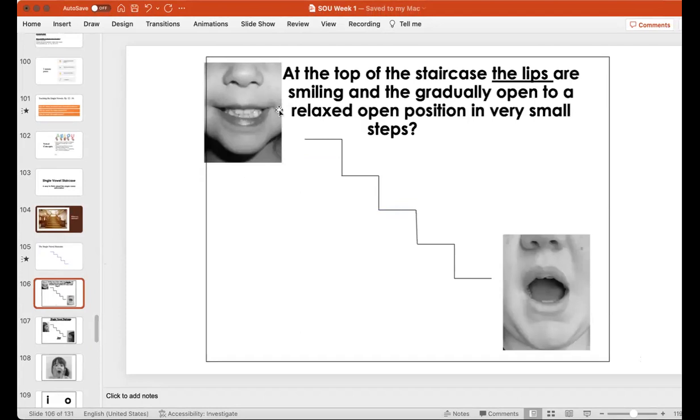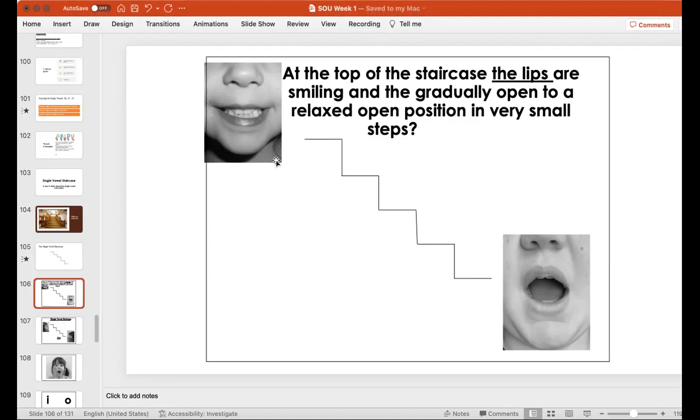When we start saying it, at the top of the staircase, the lips are smiling like this, and the teeth are very close together. By the time you step down each of the steps on the staircase, the jaw becomes quite open, and the lips become very relaxed and rounded. So we go from this smiling and closed jaw to this open and rounded.